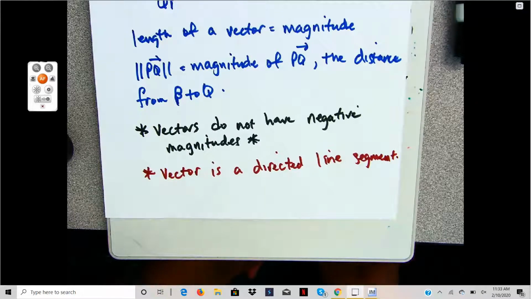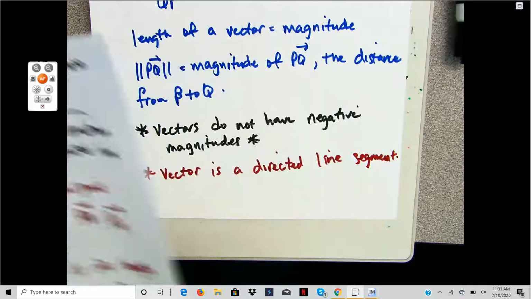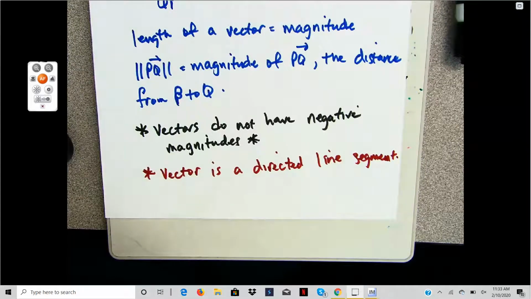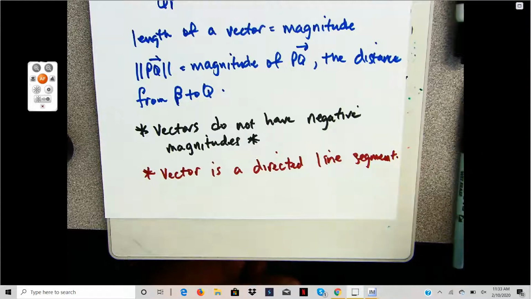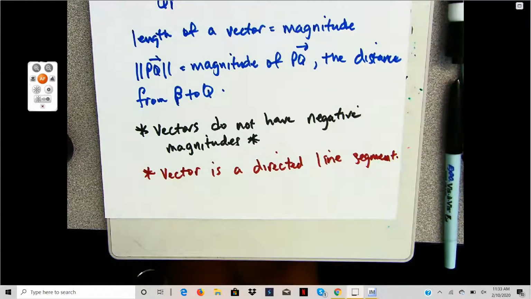They both have magnitude and direction. So the direction is important. A couple of very famous vectors that we deal with all the time are velocity, the velocity vector, and the acceleration vector. Those are some ones that we're going to be working with as we go through.